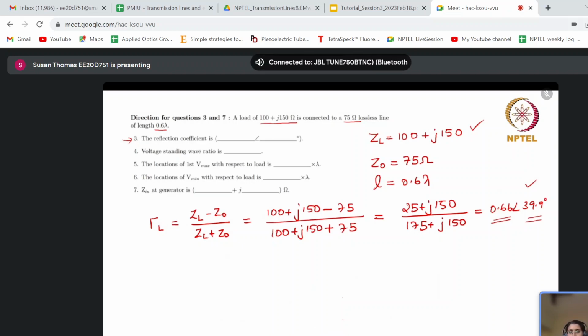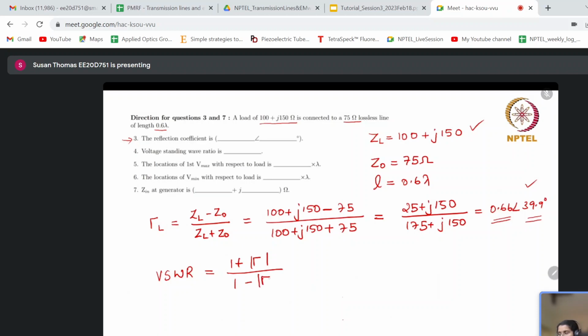Now next is the calculation of VSWR. VSWR is equal to 1 plus mod gamma divided by 1 minus mod gamma.